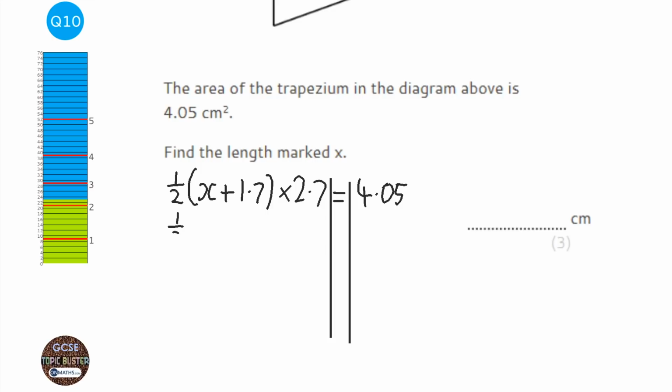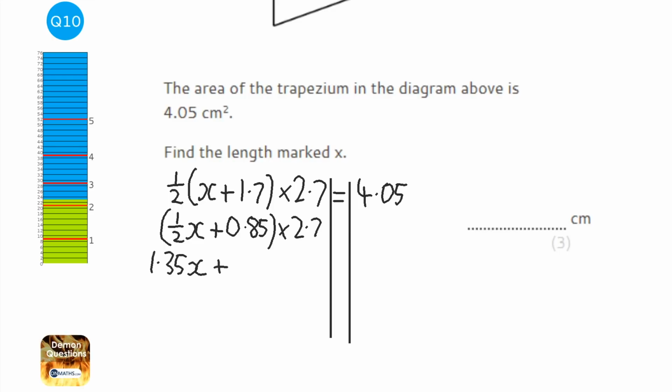So it becomes half x plus, and I can use my calculator here, I'll probably do it in my head, 0.85, and we're going to times that by 2.7. So we're going to expand it again by timesing both of them by 2.7, so 0.5 times 2.7 is 1.35 x plus 0.85 times 2.7, which is 2.295.